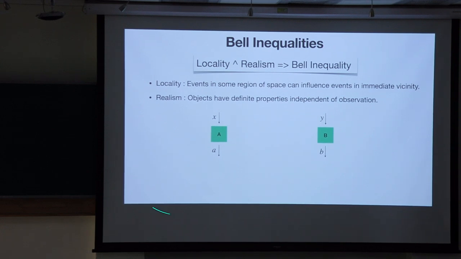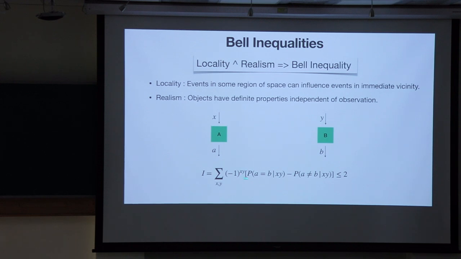This is the most famous Bell scenario, which is called a 2-2-2 scenario, because you have two measurement stations, you have two systems, each system has two measurements, and the outcomes are also two. The most famous inequality is the CHSH inequality.